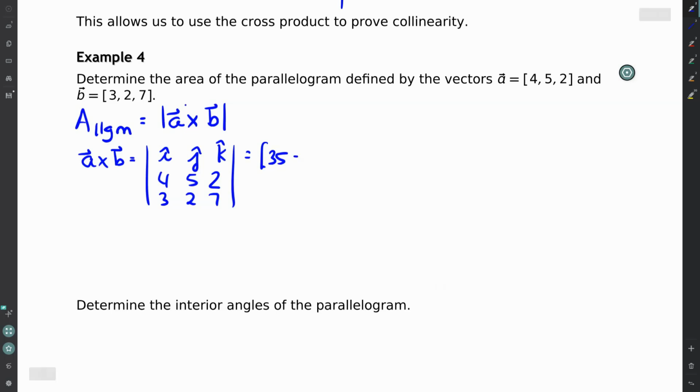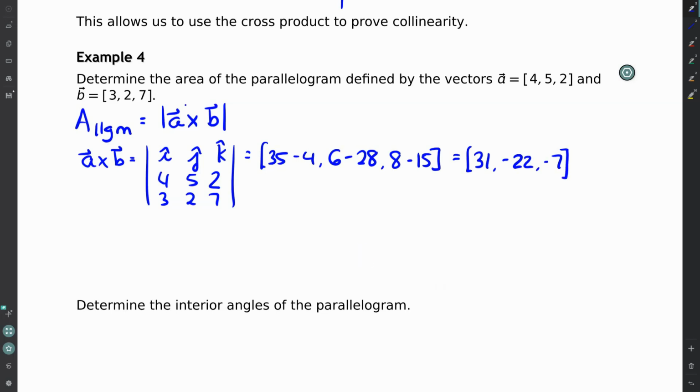We subtract off 4. Then we do 6 subtract 28 and 8 subtract 15. Carry those subtractions out, and we end up with a vector that's clearly going to have a very large magnitude, which is appropriate because we expect the parallelogram area to be large.